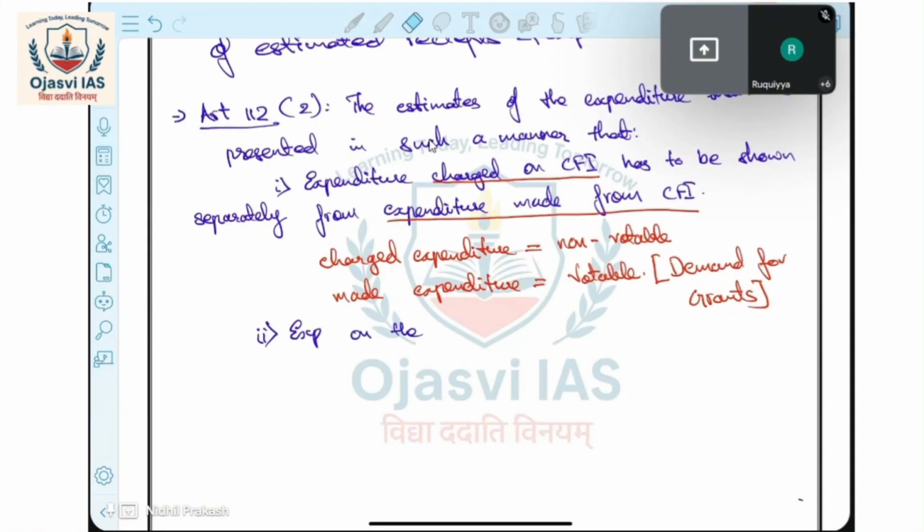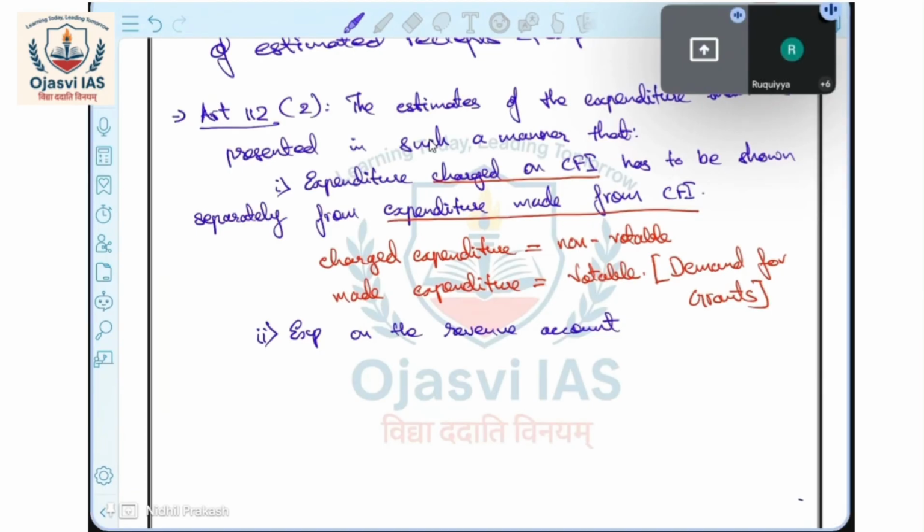Capital and revenue accounts, both? Sir hasn't taught this topic yet, our budget hasn't been covered yet.